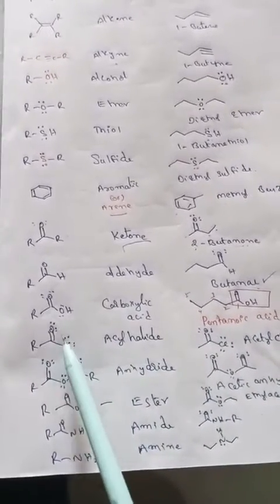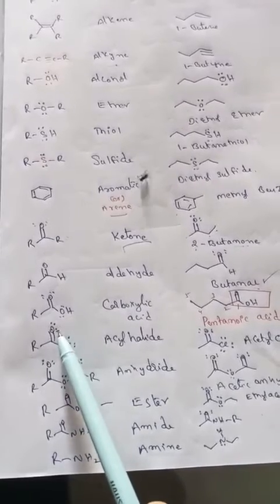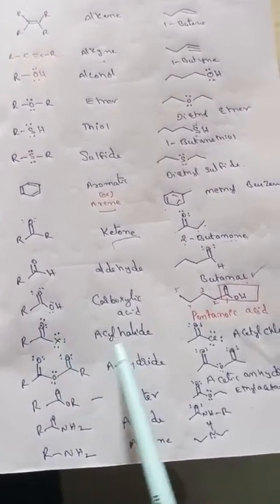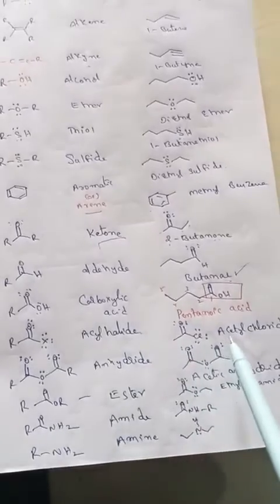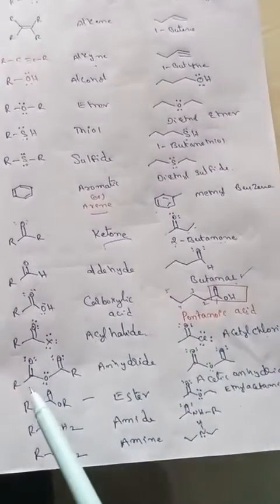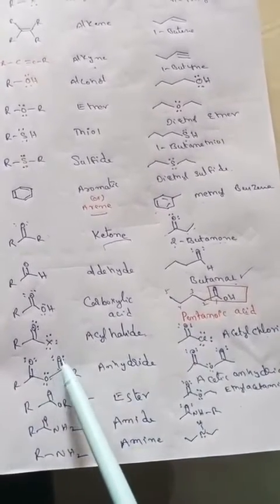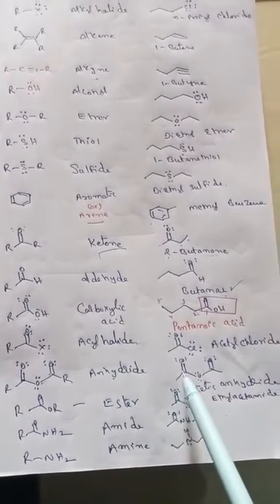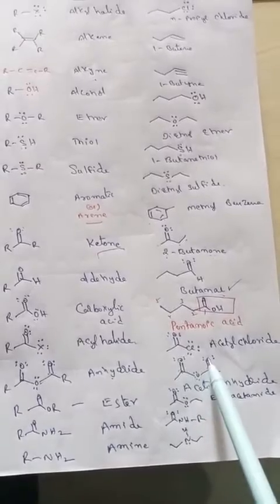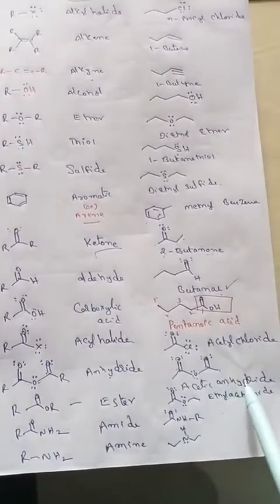Then RC double bond O Cl, you can see C double bond O Cl, is an acyl halide. For example, acetyl chloride. And RC double bond O, O, C double bond O R is called an anhydride. Example: CH3 C double bond O and C double bond O CH3 is acetic anhydride.